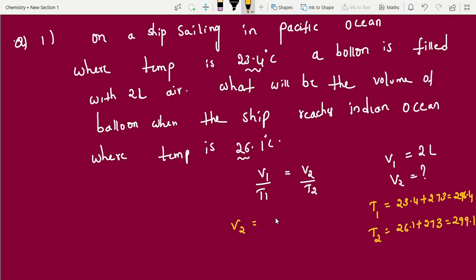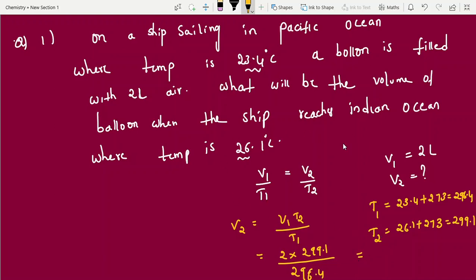V2 equal to, can you write, V1 T2 by T1 by cross multiplication, right? So V2 equal to V1 T2 by T1. What is V1 here? 2 liters. 2 into T2, 299.1, by T1, 296.4. Simplify. You will get the answer.